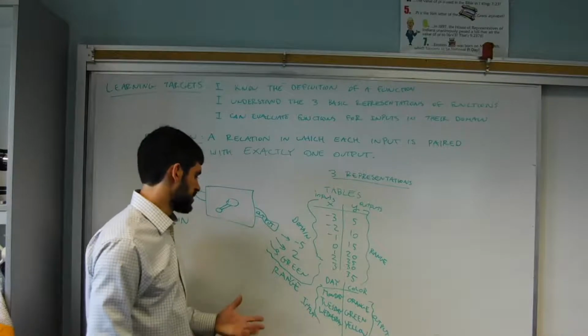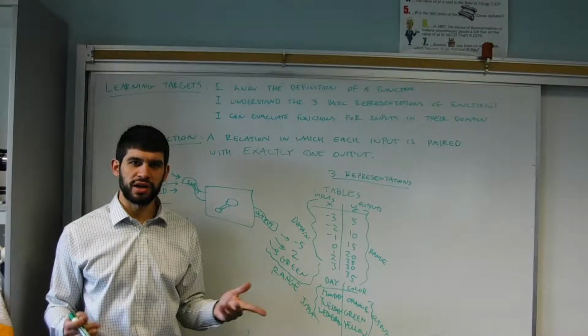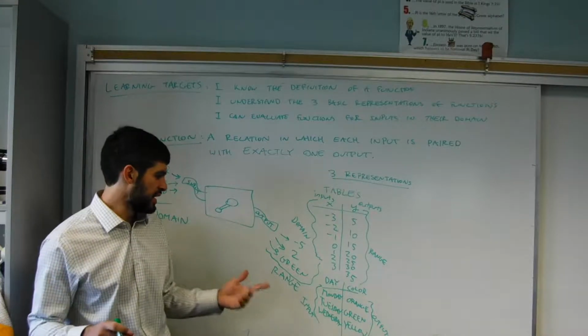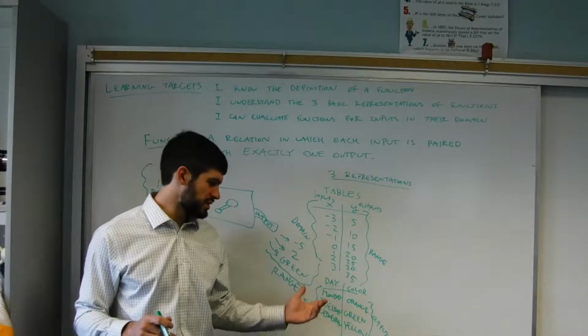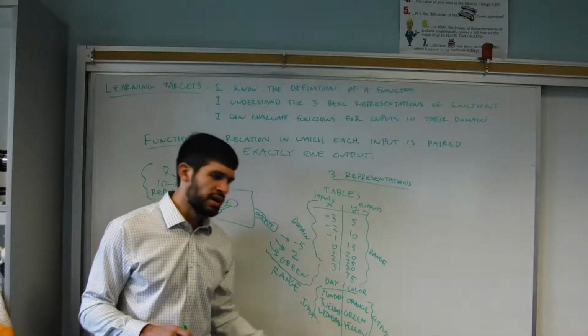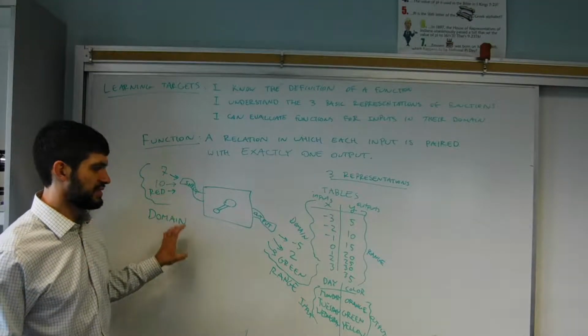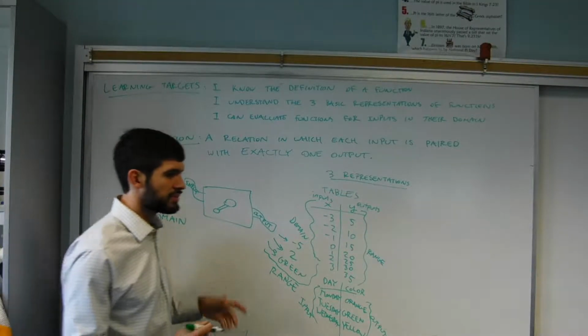So for something like a school spirit week, we could make a function based on what color you're supposed to wear on a certain day. So on Monday you're supposed to wear orange clothes, on Tuesday our output is green clothes, on Wednesday our output is yellow clothes. So hopefully you can see that a function doesn't necessarily need to have numbers.